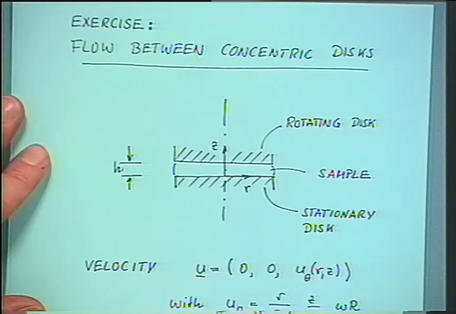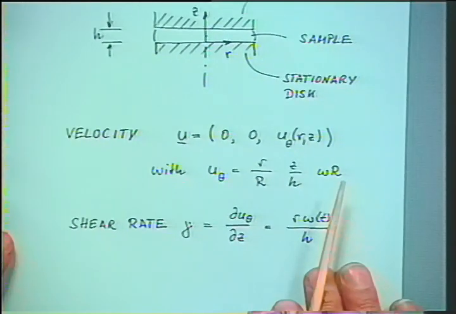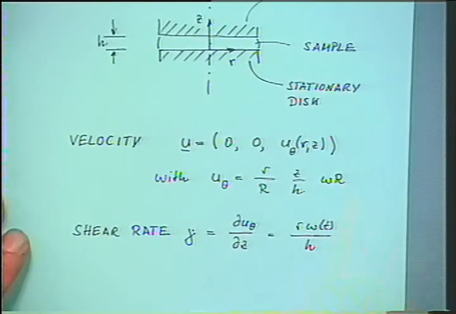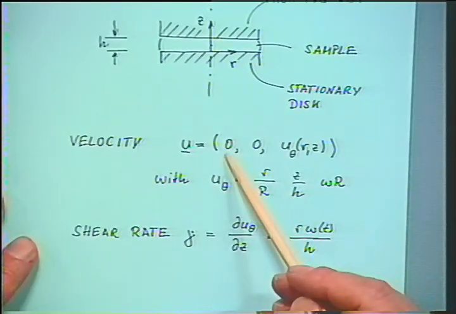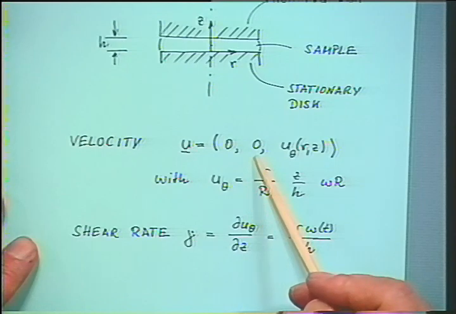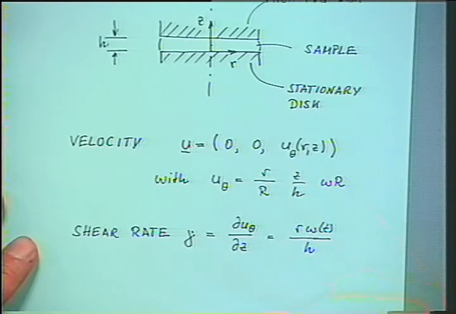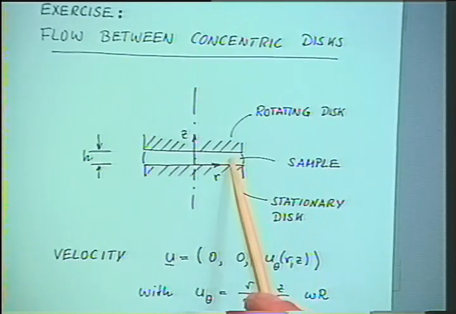It's a so-called cylindrical coordinate system to describe the flow. And in that coordinate system, the velocity components would be 0 in r direction, 0 in z direction, but it would be finite in circumferential direction. So those particles, material particles, in our sample move on circular path lines. They don't move up or down.